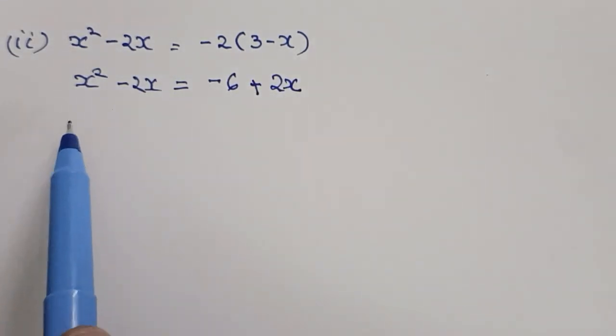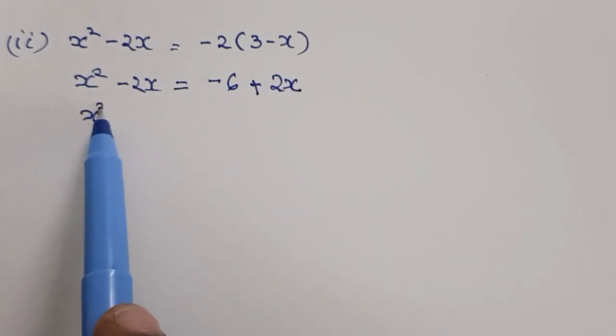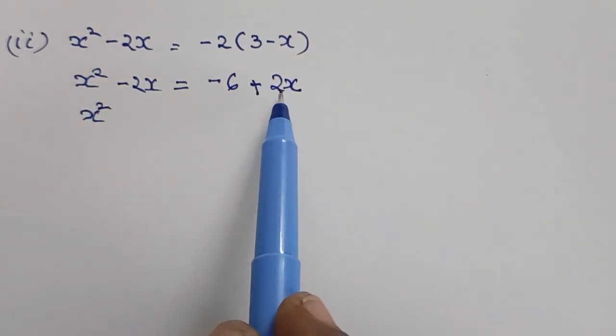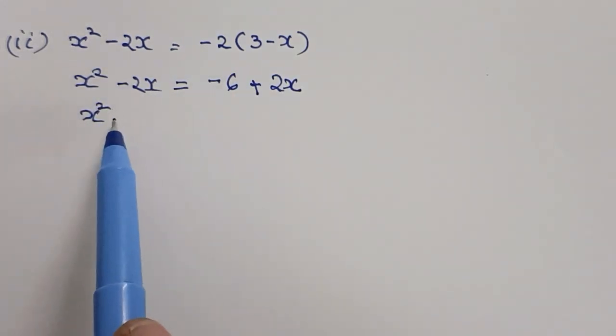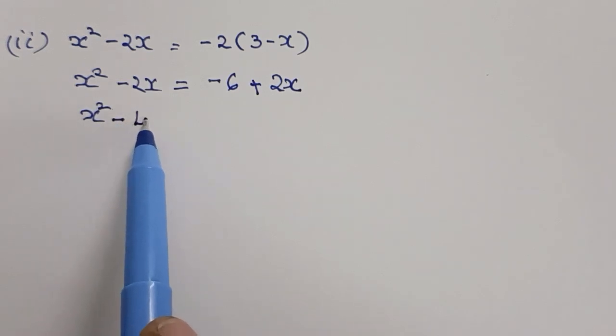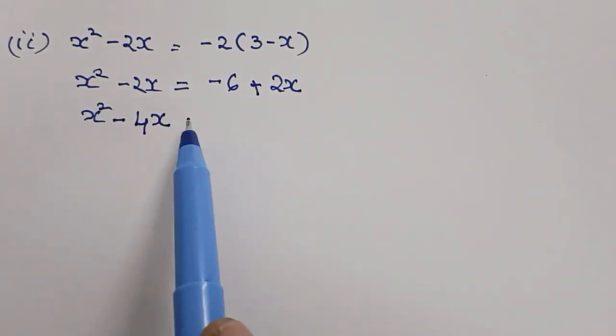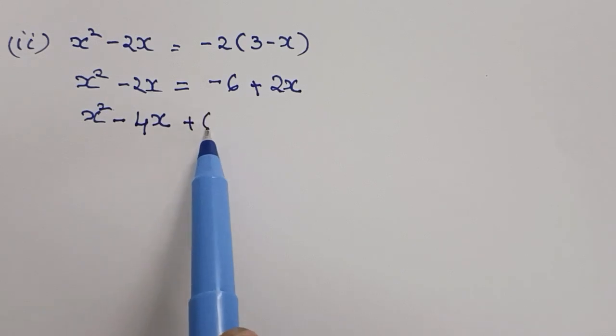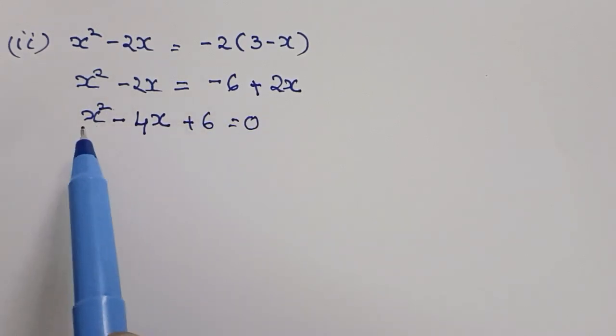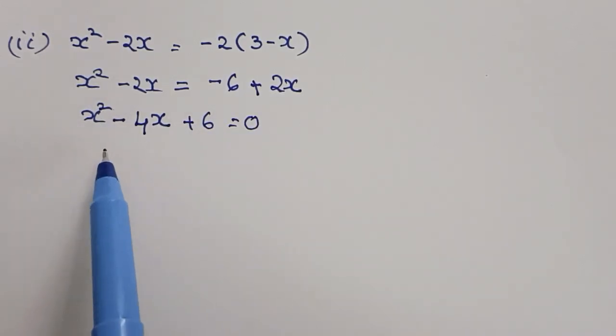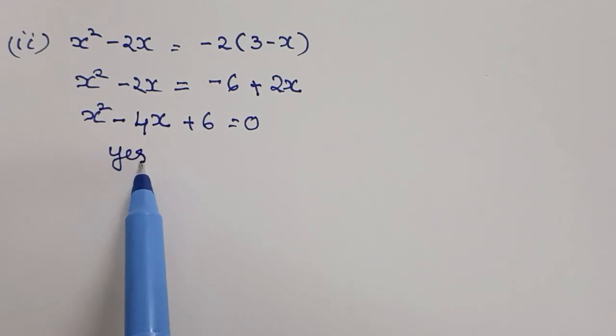Now collecting like terms in LHS, x² − 2x, and this will become −2x in LHS, −2 − 2, that is −4x. Minus 6 will become plus 6, that is equal to 0. Now it has degree 2, therefore it is a quadratic equation. Answer: yes.